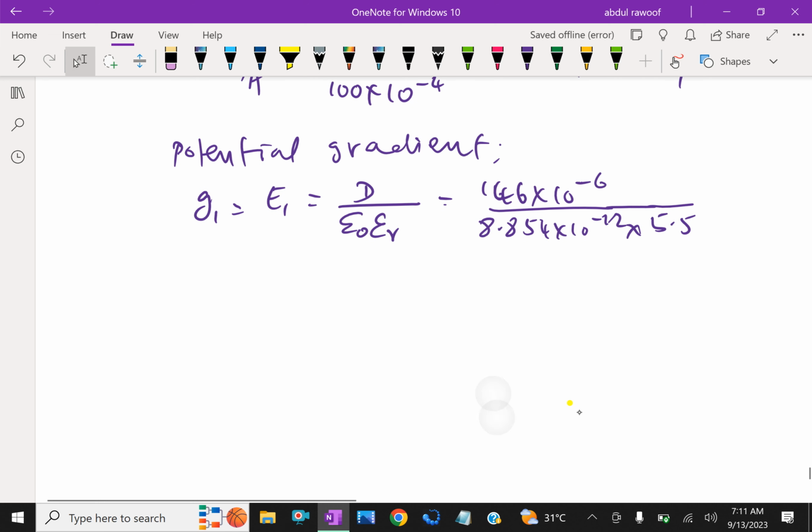By calculation, this gives 3 into 10 power 6 volt per meter.